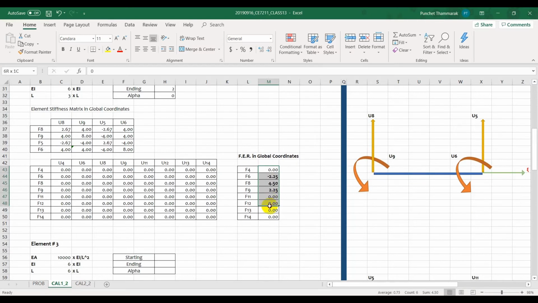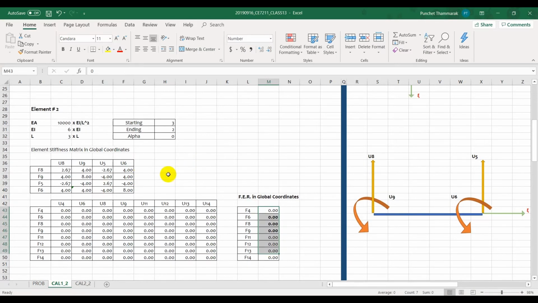Then, okay, zero this point out first. Then we will plug this into the matrix. So the row for F8 and the equation for F8 and F9. And then we have the columns associated with U8 and U9.